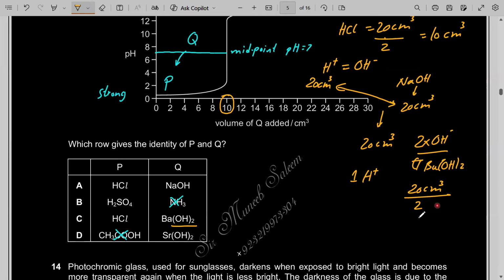So half of 20 is equal to 10 cm cube. So 10 cm cube of the barium hydroxide compound was reacting with the 1 mole of the 20 cm cube HCl. That's why you get 10 cm cube over here. So that's why C is the correct option.